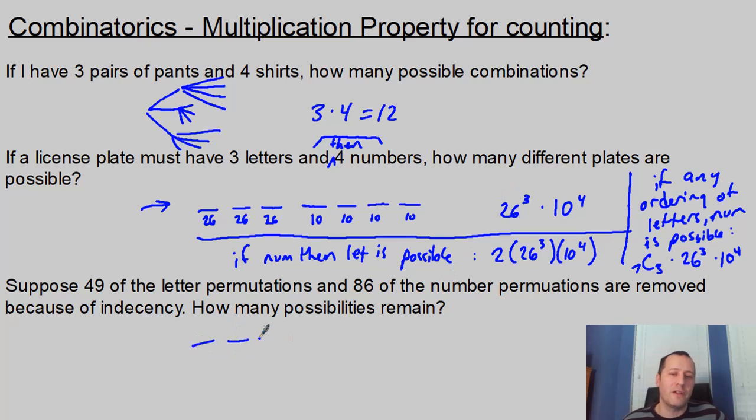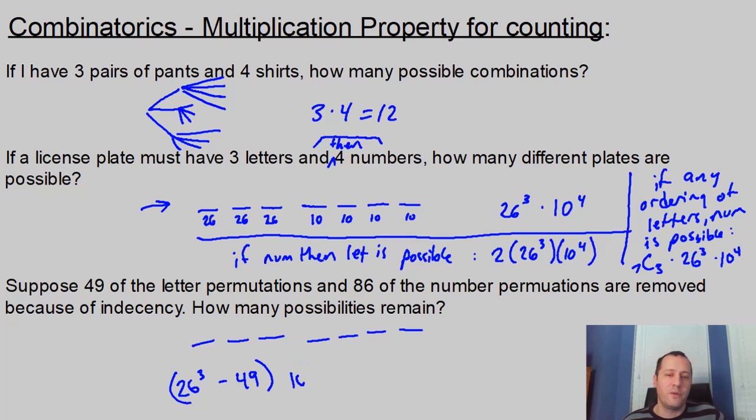Well, again, if you have letter, letter, letter, then number, number, number, number, you got your 26 to the third letter permutations that are possible, right? We're just taking away 49 of them. So it's going to be 26 to the third minus 49. That's the total number of allowable letter permutations. And then for the numbers, same deal.